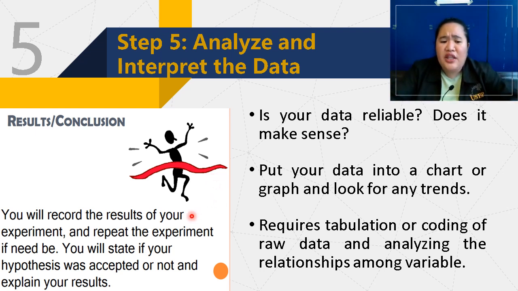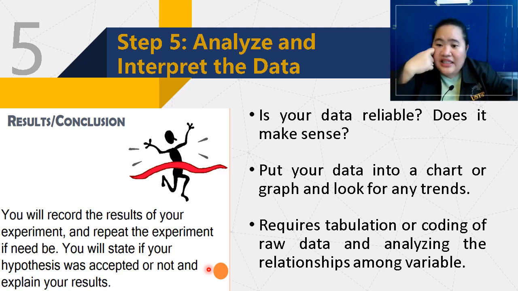So you are going to record again the results of your experiment and repeat the experiment if it needs to be repeated. And then you will state if your hypothesis was accepted or not and explain your result. Based on the data that you gather, class, you can either say the hypothesis is accepted, or based on the result you see that there is no effect in our experiment, about the effect of the Bitanag Creek on the freshwater fishes.